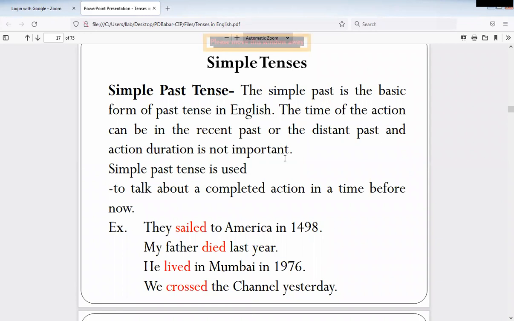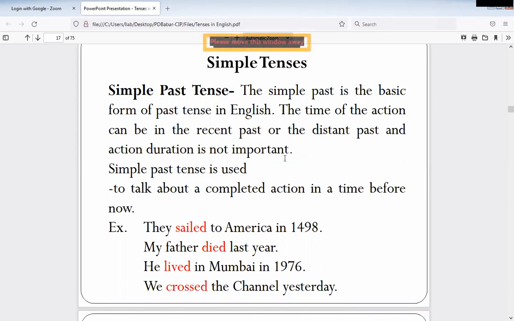Simple past tense indicates an action that happened in the recent past, or an action which happened in the distant past, like millions of years ago.